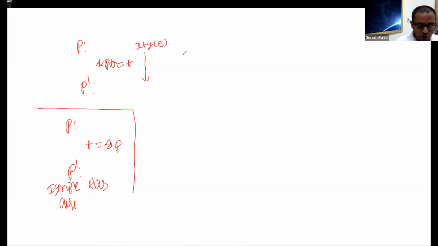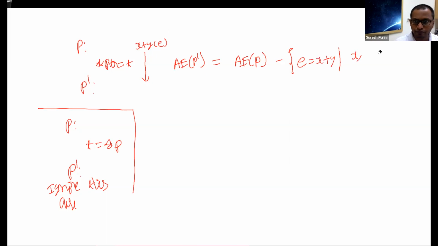Great. If we want to formally set up the data flow equations, the set of expressions that are available at program point P' is equal to the set of expressions available at P minus the set of expressions e such that the variable x belongs to points-to(ptr, P).